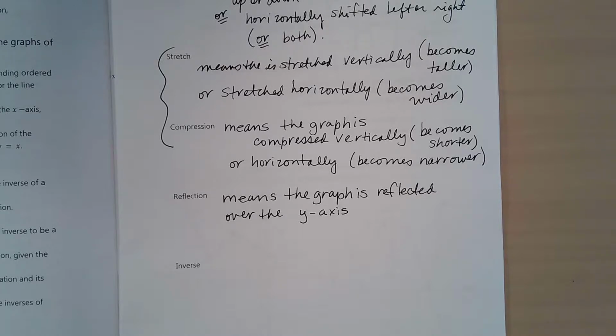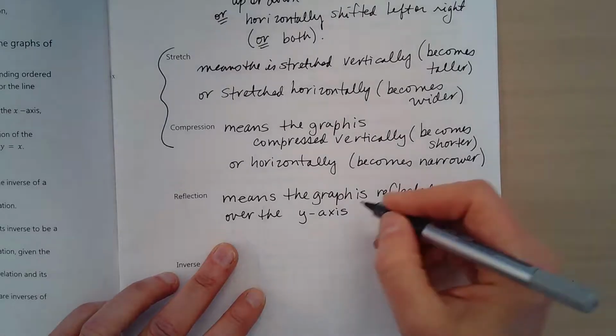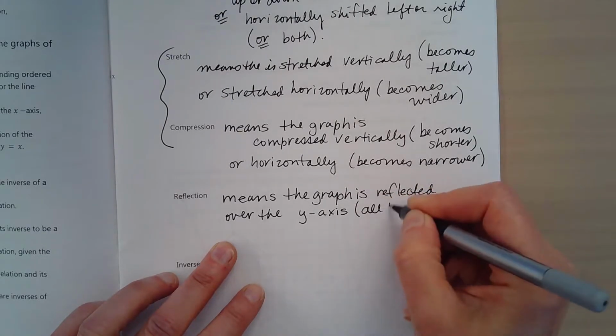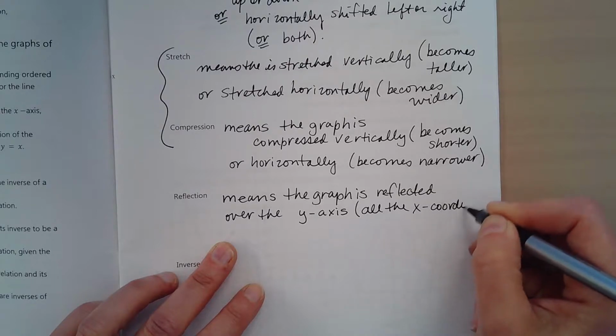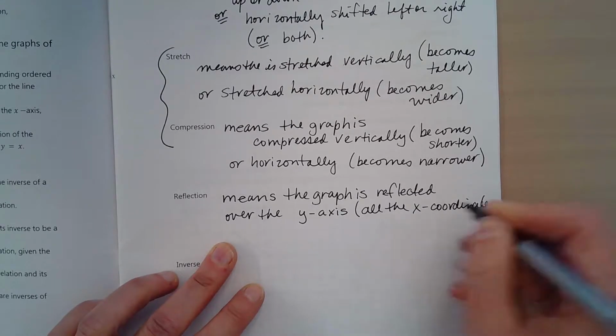If there's a reflection over the y-axis, all the x values become their opposite, right? So our graph is reflected over the y-axis. All the x coordinates become their opposite.